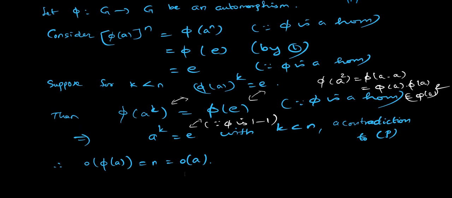So we have to have this k not less than n. So we have phi of A power n to be E with n the least positive integer. So we have the order of A to be n, already known. Now the order of phi of A is also n. So we conclude from this that the order of the image of A under an automorphism is the same as the order of that element A.